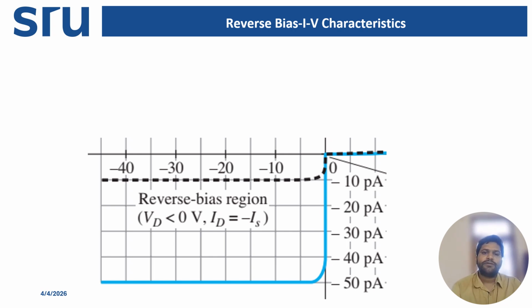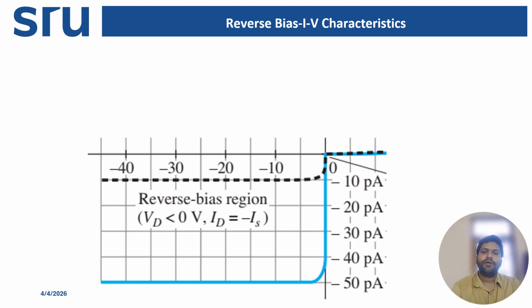The reverse saturation region means a small reverse voltage is applied, and majority carriers are pulled away from the junction. The depletion region becomes wider, with almost no majority carrier flow. However, a very small current still flows due to the minority carriers.